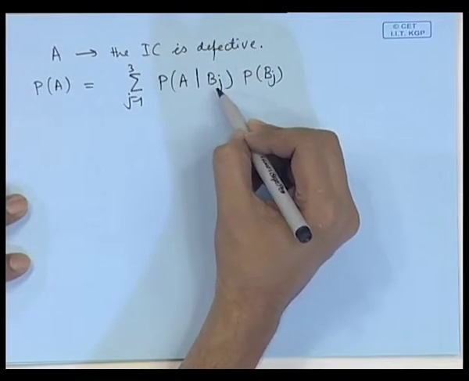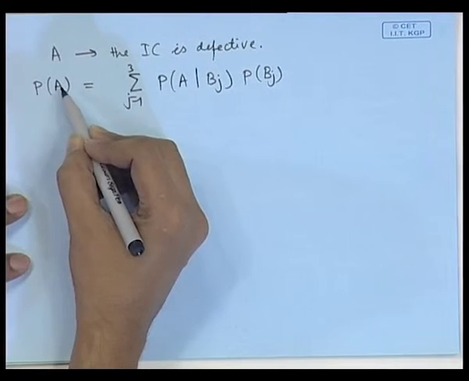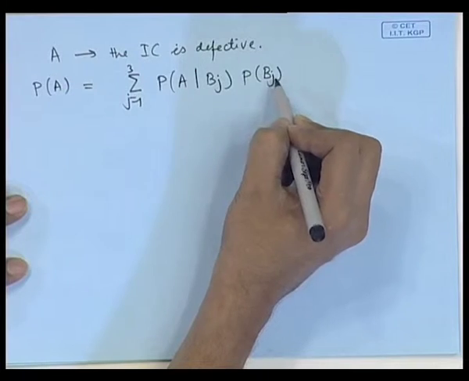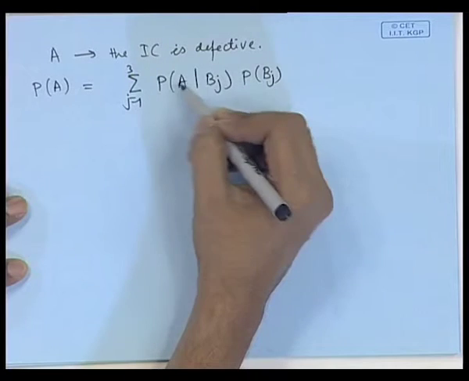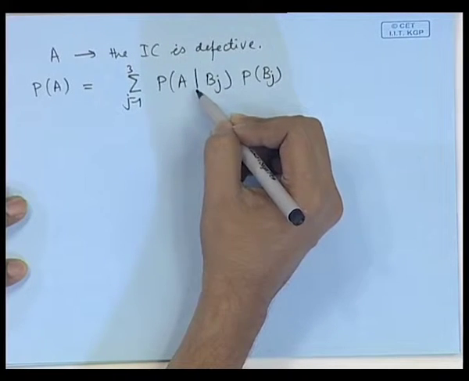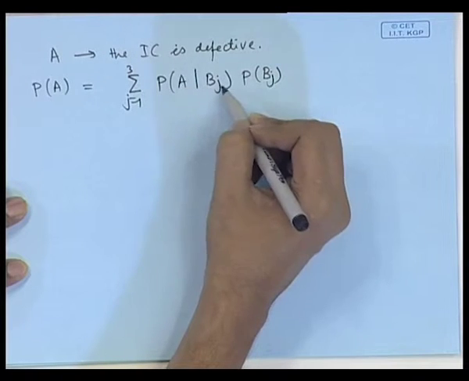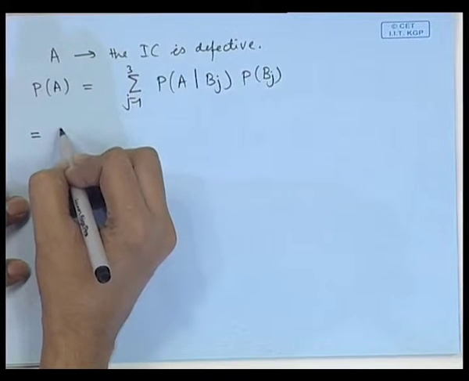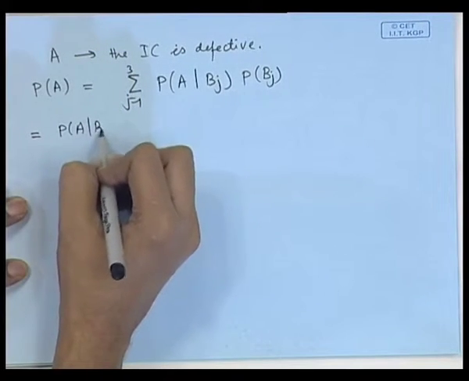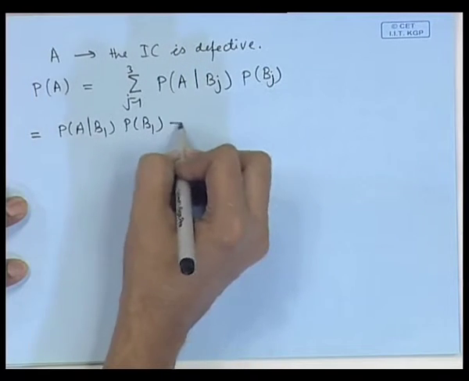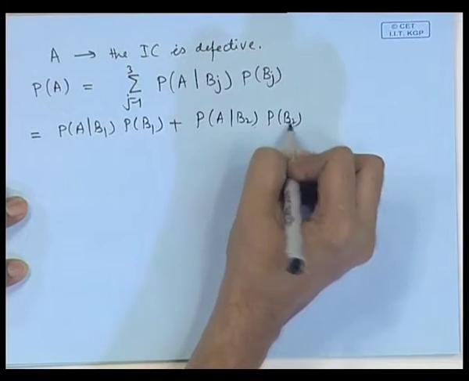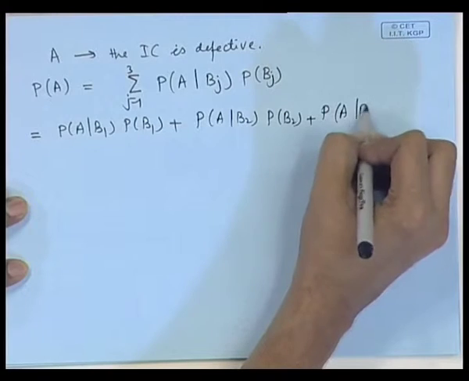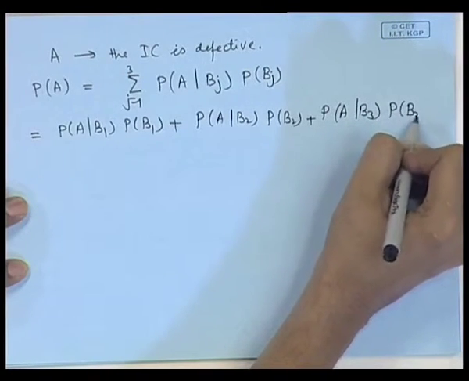That means, since the IC could have come from either the first supplier, or the second supplier, or the third supplier, the probability that it is defective is dependent upon who supplied it. So, this becomes probability of A given B1 into probability of B1 plus probability of A given B2 into probability of B2 plus probability of A given B3 into probability of B3.